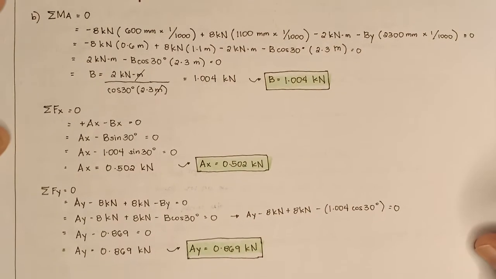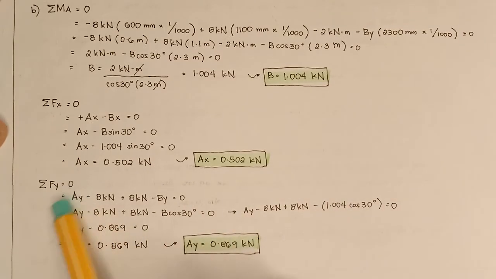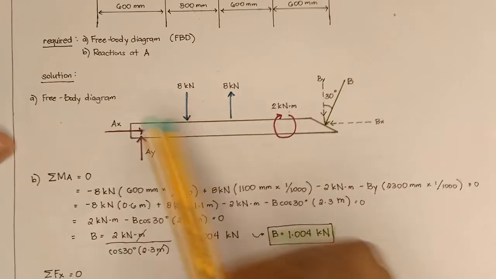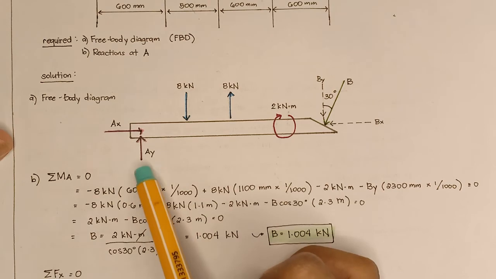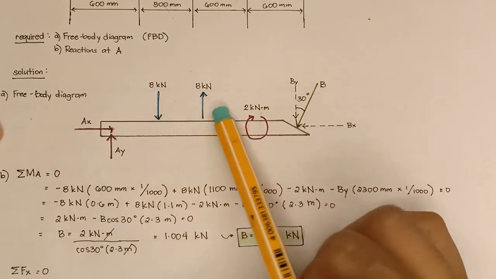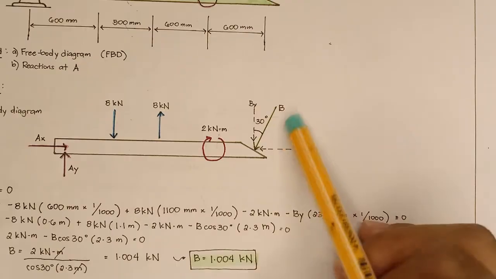Moving on, and the last step, we're going to get the summation of all forces acting vertically, so in the y-axis. Once again, it equals 0. Here we have the component of AY, 8 kilonewtons downward, 8 kilonewtons upward, and the BY.